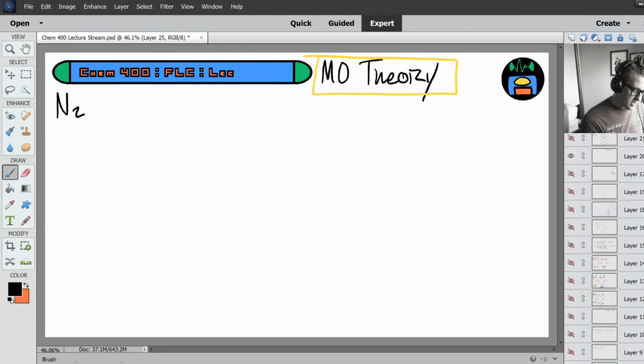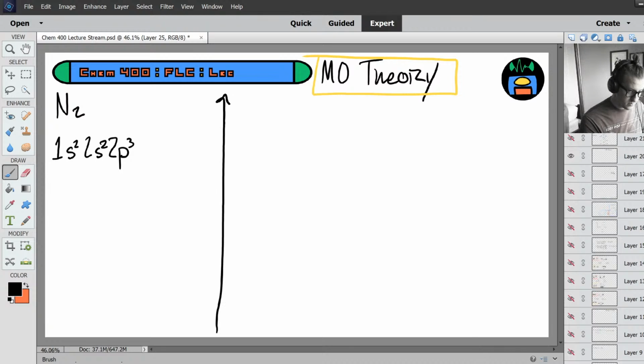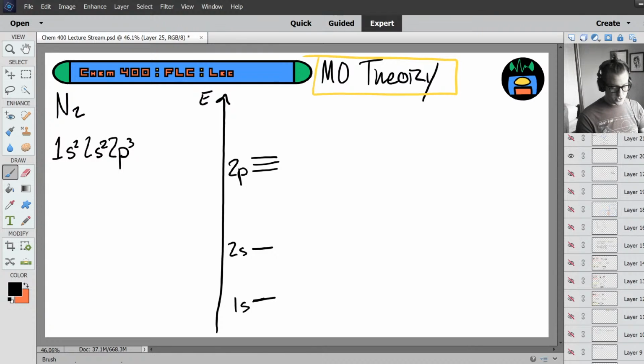So looking at nitrogen's electron configuration, it's 1s2, 2s2, 2p3. So here's our y-axis, and starting with our 1s orbital, next we write our 2s orbital, and finally we write our 2p.